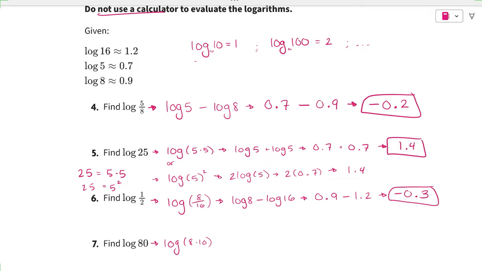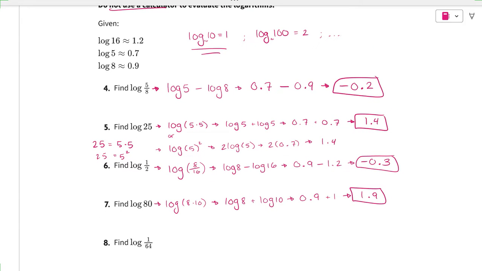I'm going to keep it as log of 10 because I know what log of 10 is. So I can make this log of 8 plus log 10. So even though log of 10 wasn't given to us, I know that log of 10 is exactly 1. So I get 1.9 when I combine.